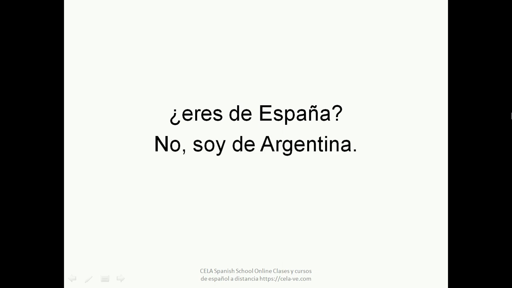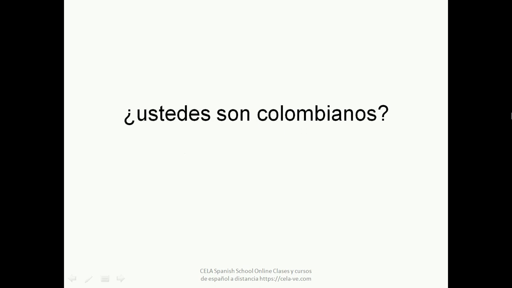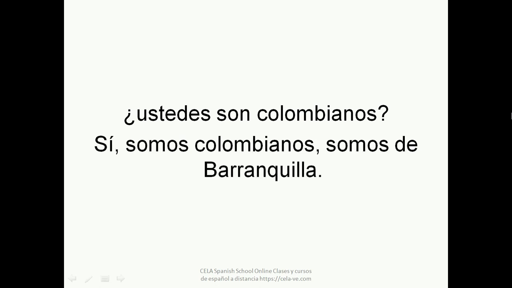No, soy de Argentina. ¿Ustedes son colombianos? Sí, somos colombianos. Somos de Barranquilla.